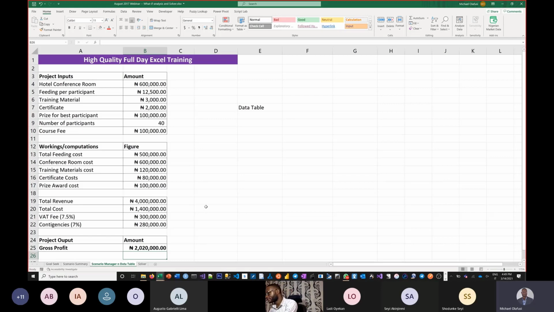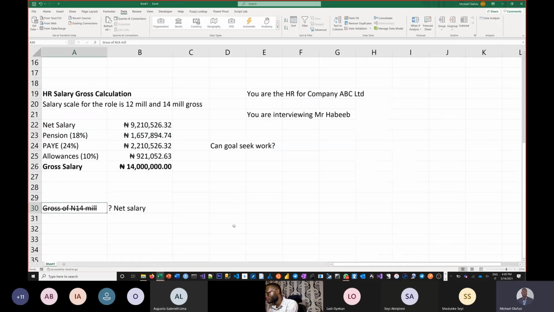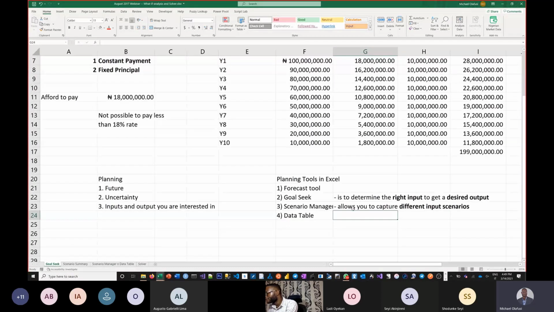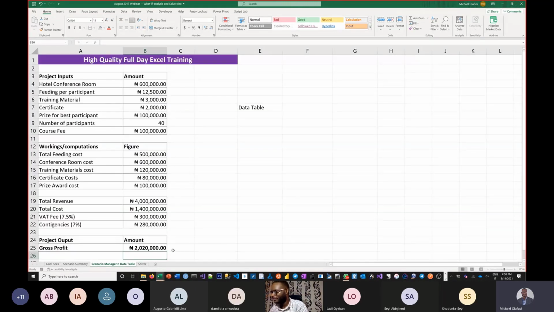But if you remember what we said, scenario is all about capturing different scenarios, being robust in your planning. Okay, so if this is something that you are going to effect, you are going to have to pay the hotel. When the hotel people call you and say, oh yeah, come and deposit, otherwise we cannot guarantee, and you need to print flyers, and you are going to put the date on the flyer.